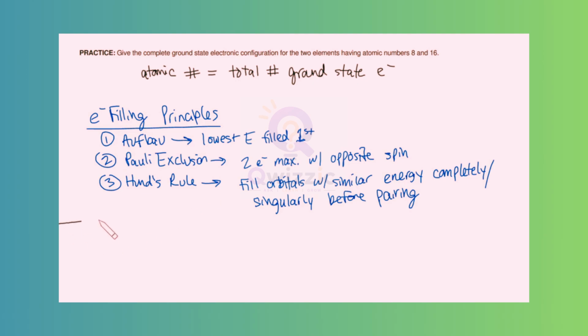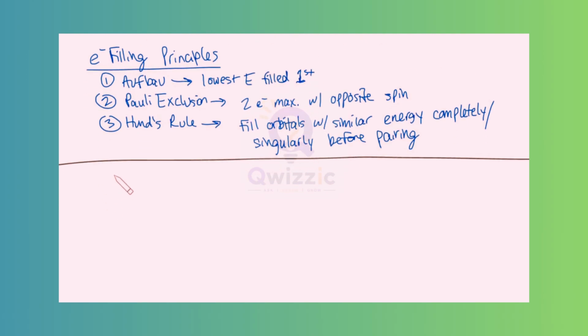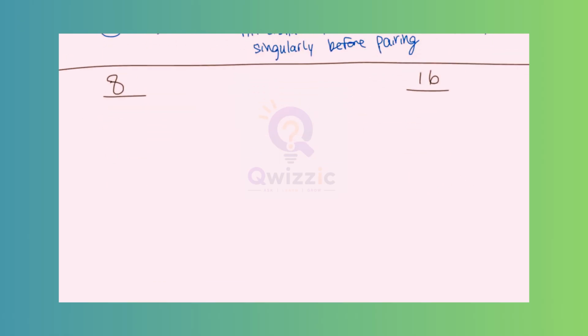So let's apply this to the elements with atomic numbers 8 and 16. For atomic number 8, we can draw the 1s subshell, 2s subshell, and 2p subshell, filling in from the lowest energy subshell, which would be 1s.